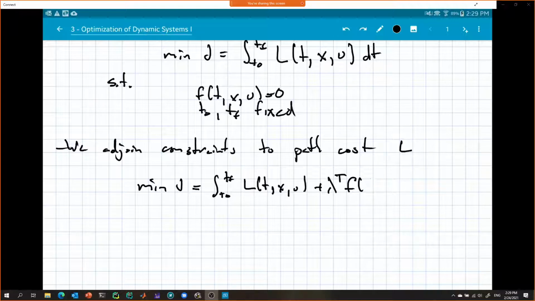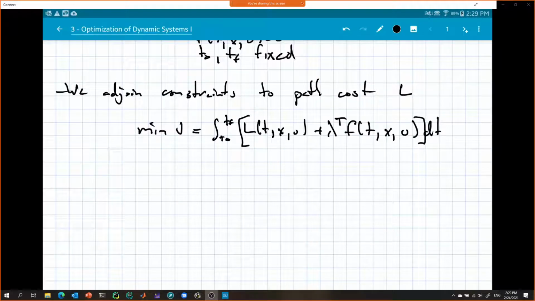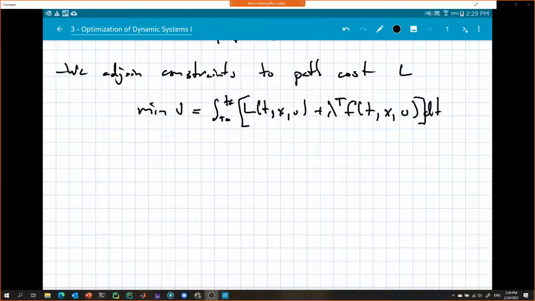But here, it's the same as the normal Lagrange multipliers. And likewise, like you would expect, we take the differential of that, skipping all the steps above.